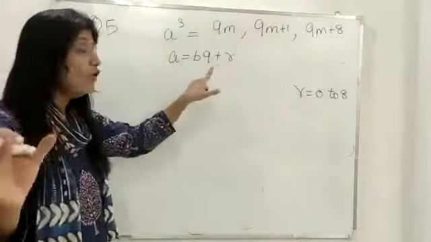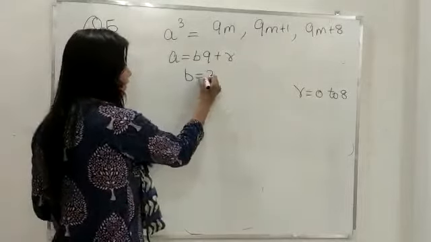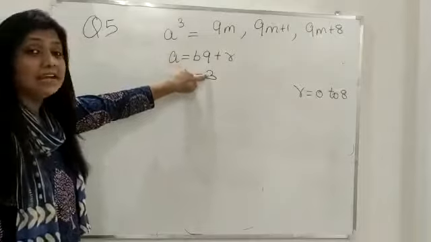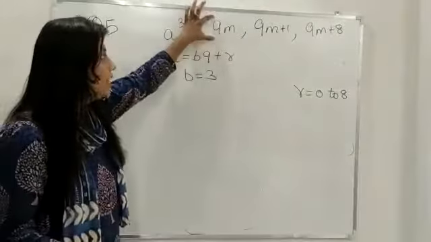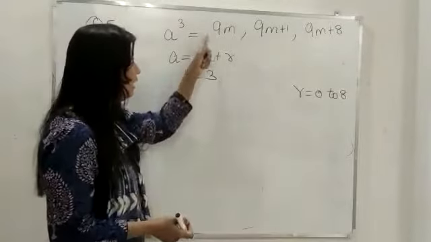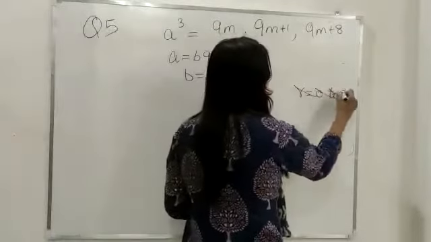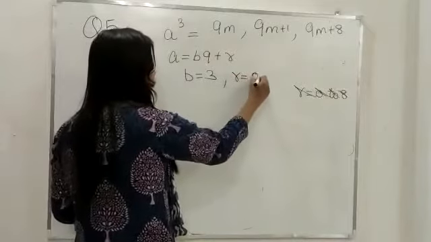So instead of doing this, you will put b is equal to 3. Because when you take out the cube, you will get 3 times 3 is 9 and 9 times 3 is 27. So you will get 9 here. So instead of taking b as 9, you will take b as 3. When you take b as 3, the remainder will be 0, 1, 2.